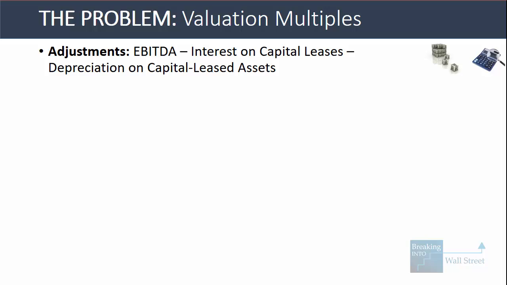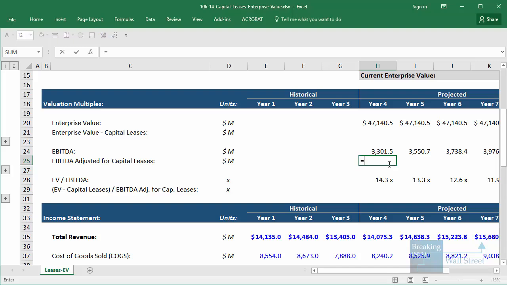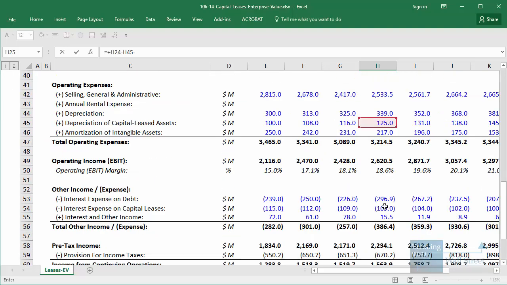So the adjustment would be to take EBITDA and then to subtract interest on capital leases and then the depreciation on capital leased assets. If we do this and illustrate it in Excel, it would be something like EBITDA minus our depreciation of capital leased assets minus the interest expense. We can use a plus sign because it already has a minus there.